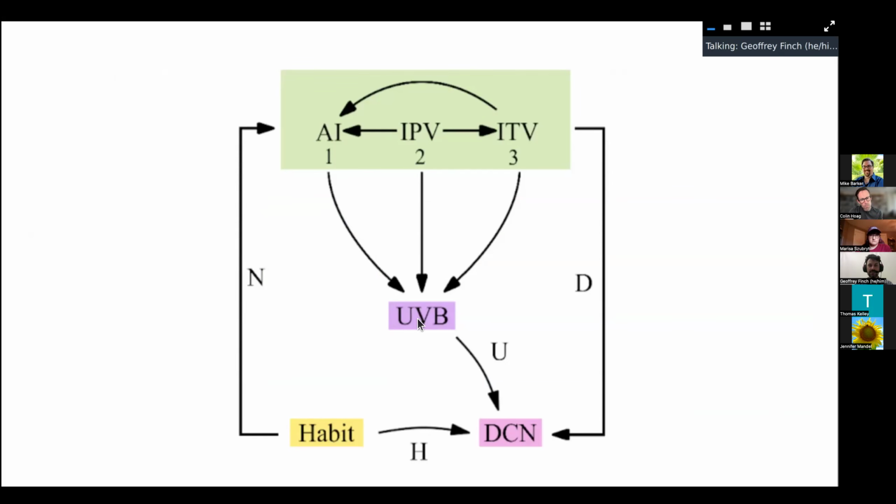So this depicts all of the relationships that I tested within my path analyses, where in the green box at the top you have the three stability variables, and we're just accounting for collinearity between those three. Purple shows UVB, yellow is growth habit, and then pink is diploid chromosome number, right? So we're testing for direct relationships between stability and chromosome number, as well as UVB and habit.